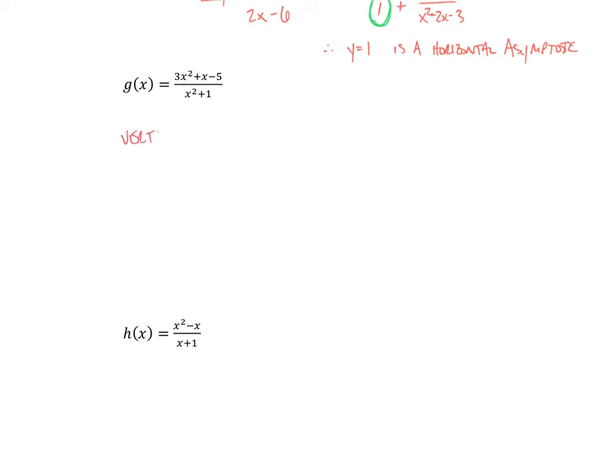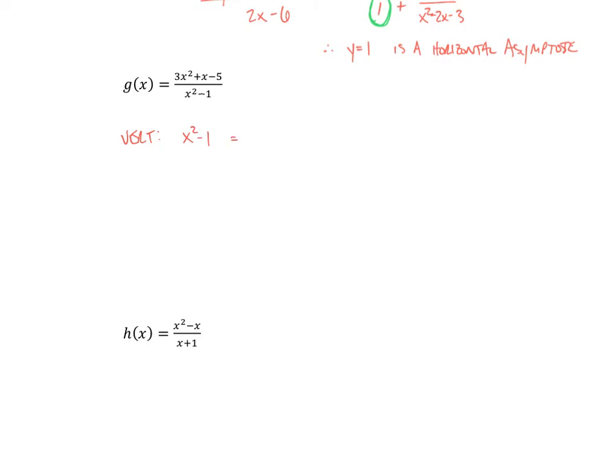Vertical asymptotes are determined by factoring the denominator. Okay, so we've got to break that down. And actually, there is a typo here. That's supposed to say x squared minus 1. So go ahead and change that. All right, so for vertical asymptotes, we've got to factor that denominator.